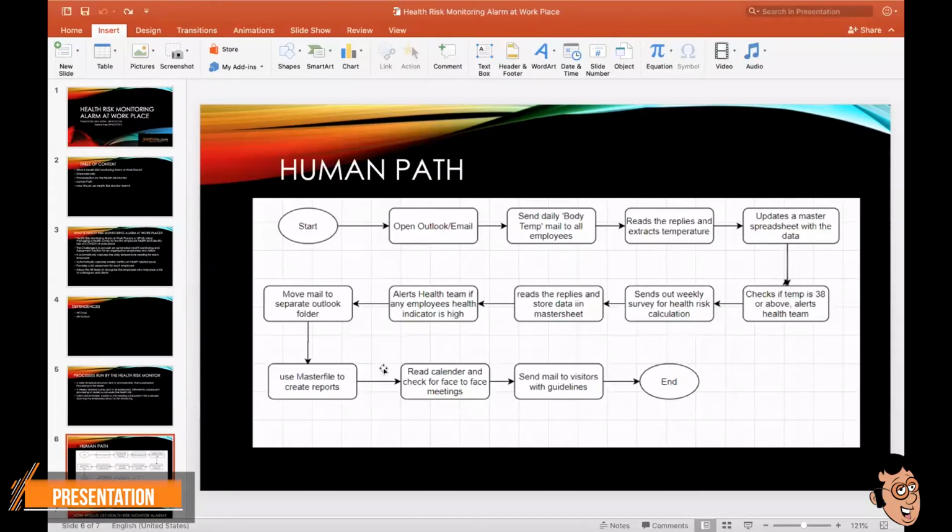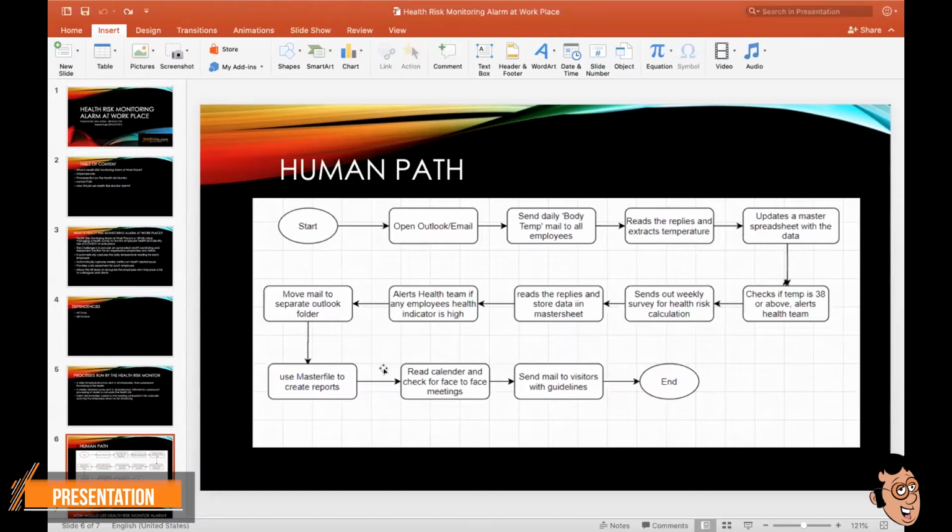Once the bot opens Outlook, it has to read all the mails with the specific subject line that has body temperature, pick up only the numeric data from the reply, and extract that numeric data into an Excel file, and record it for all 5 working days of the week: Monday, Tuesday, Wednesday, Thursday, and Friday. Following which, it will update all the details in the master spreadsheet.